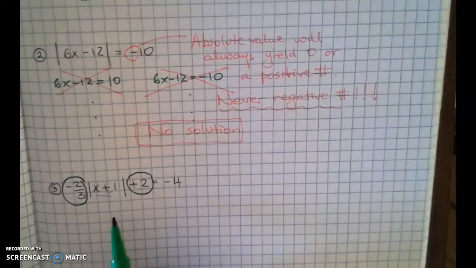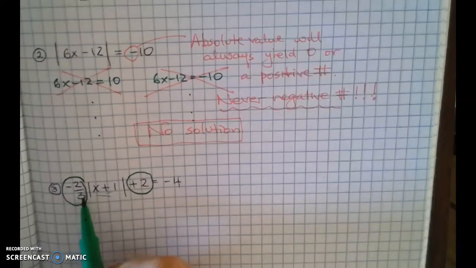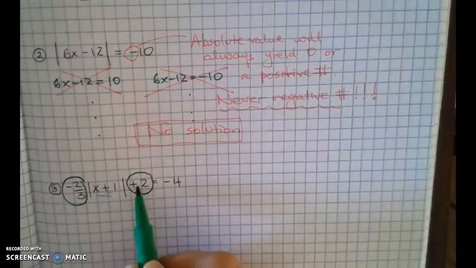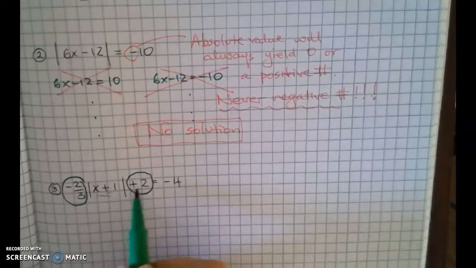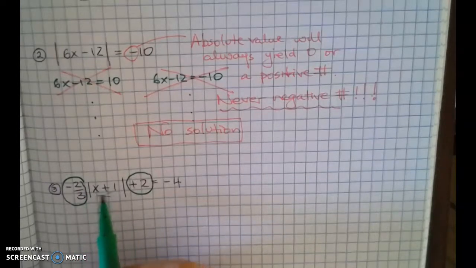Now, which do I get rid of first? That really depends on what the numbers are doing to the absolute value symbol. Here, negative 2 over 3 is being multiplied. Here, 2 is being added. So you need to be really clear on what these two different numbers are doing to the absolute value expression.